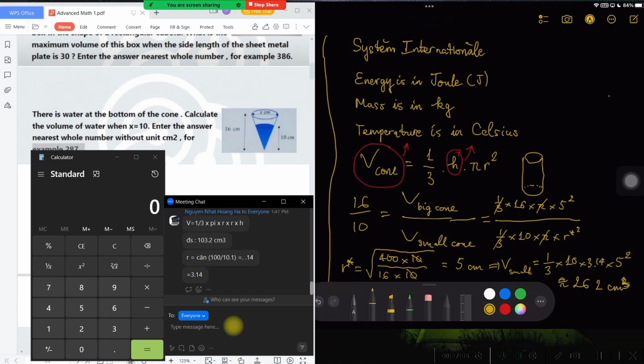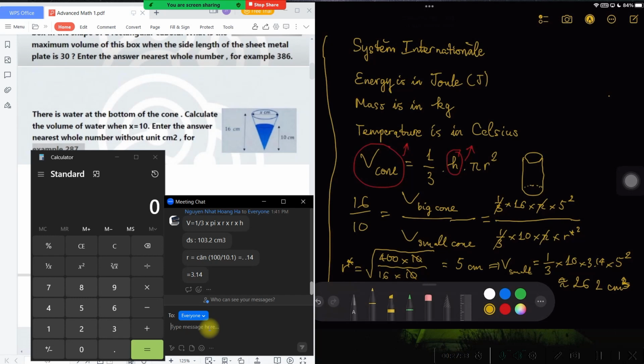For this problem you don't need to calculate R. You don't need to find R, right? We can calculate the volume of the big cone, and then cross-multiply. Oh yeah, we can calculate the volume of the big cone and then compare to the small cone. We don't have to find R. Yeah, but what's the final answer? If we follow the cross-multiplication, the result is 83.3.